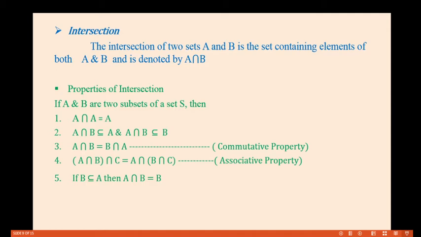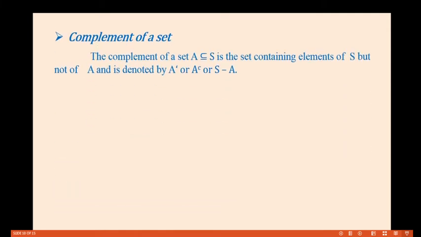A intersection (B intersection C) is equal to (A intersection B) intersection C, that is the associative property for intersection. If B is a subset of A, then A intersection B is always equal to B.